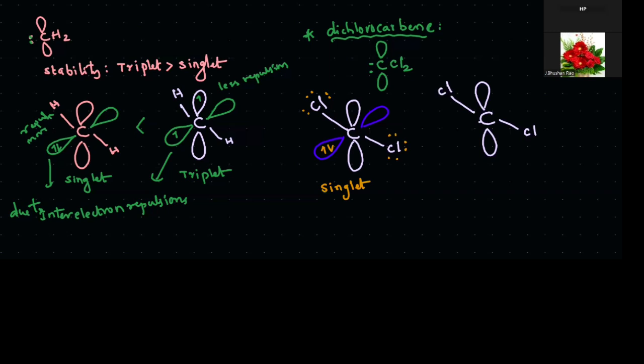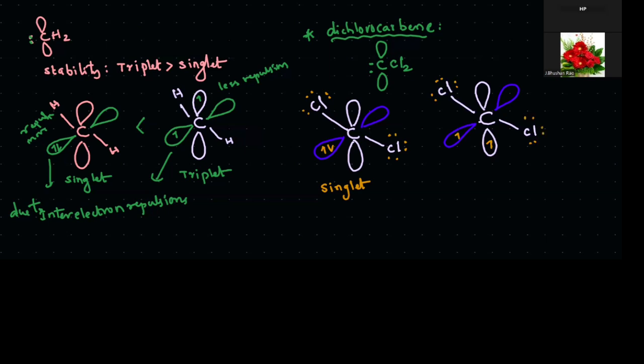Next, the orbital has, like this, electrons: here one unpaired electron, and here also one unpaired electron, in two different orbitals. Then each chlorine also has 3 lone pairs of electrons. Now, which one is more stable?